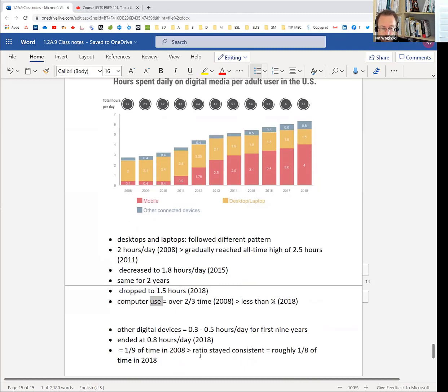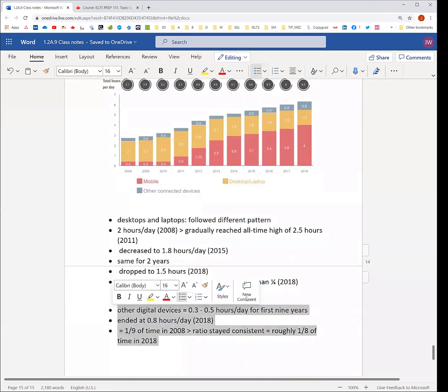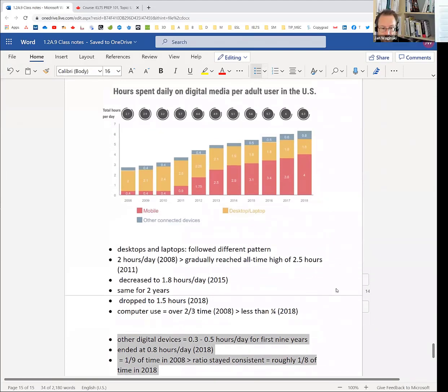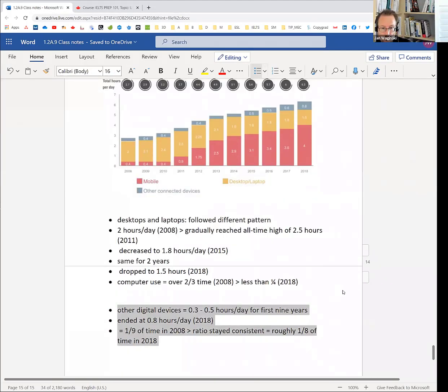Kelly. Okay, so we're going for the last part here. On other digital devices. Comprised, constituted, or made up? Comprised. Okay. Between 0.3 and 0.5 hours per day for the first 9 years. Good. Ending at 0.0 hours per day in 2019.